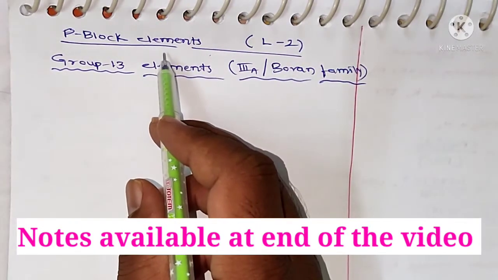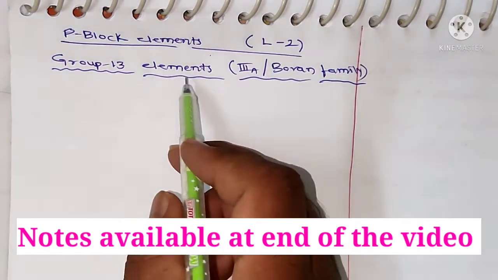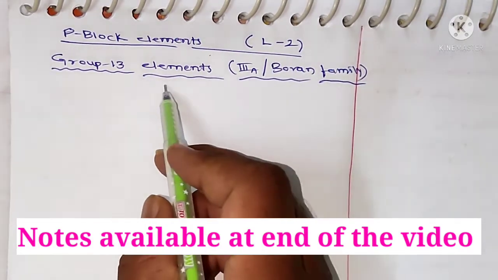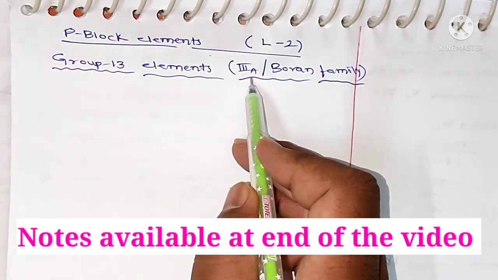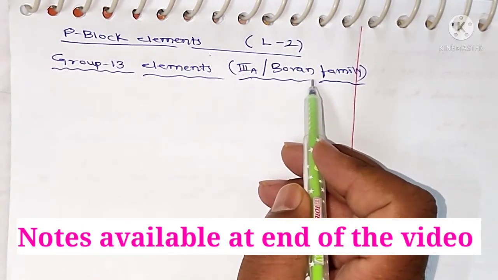In p-block elements, group 13 elements. This 13th group is also called the third A group, and also the boron family.